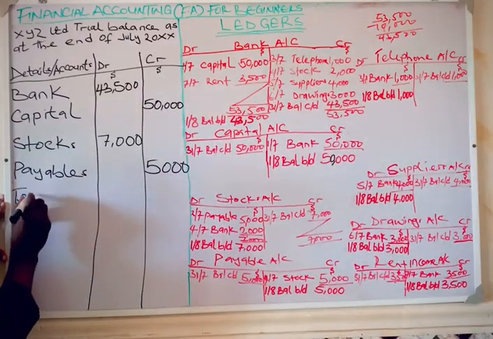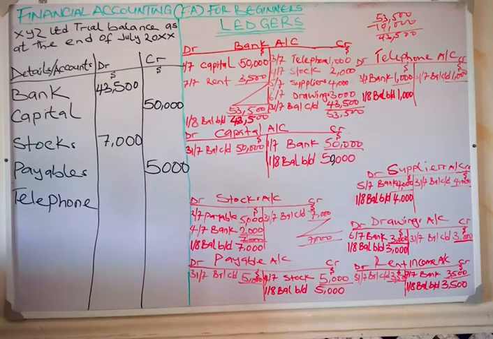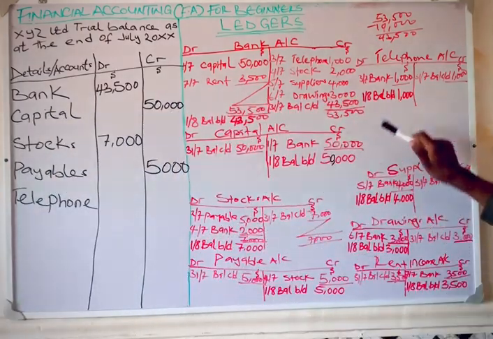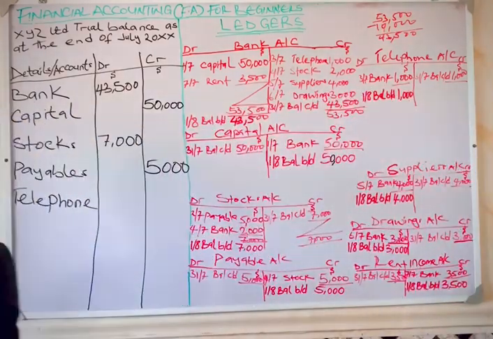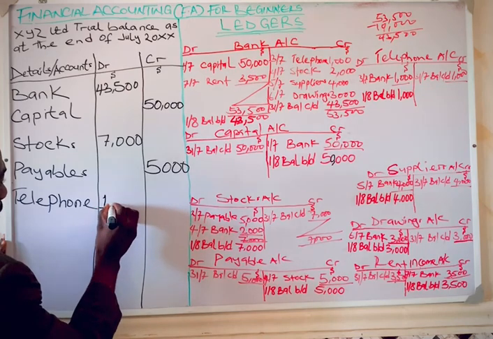The telephone account has a debit balance because our balance BD is at the debit side: 1,000 US dollars.